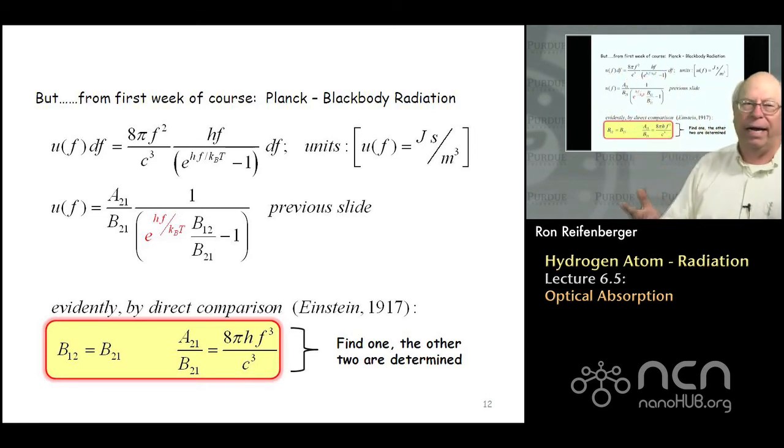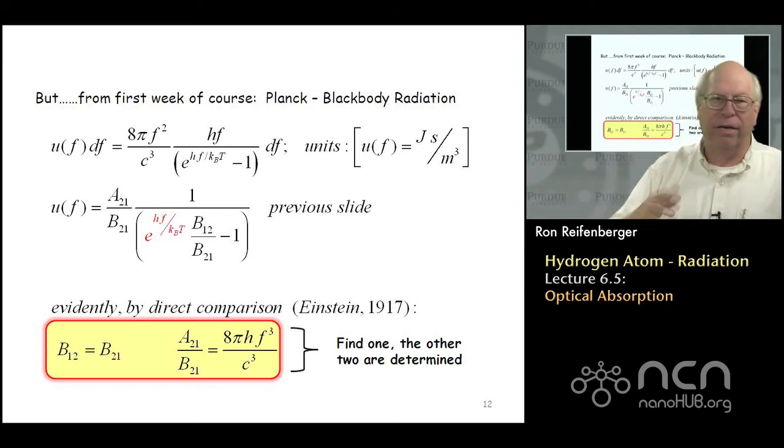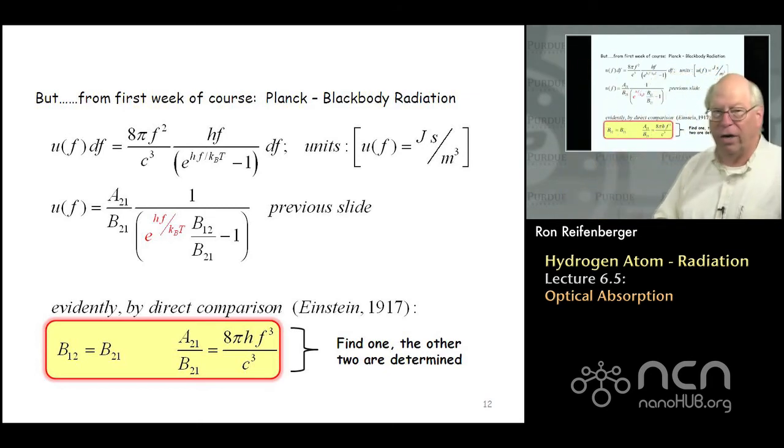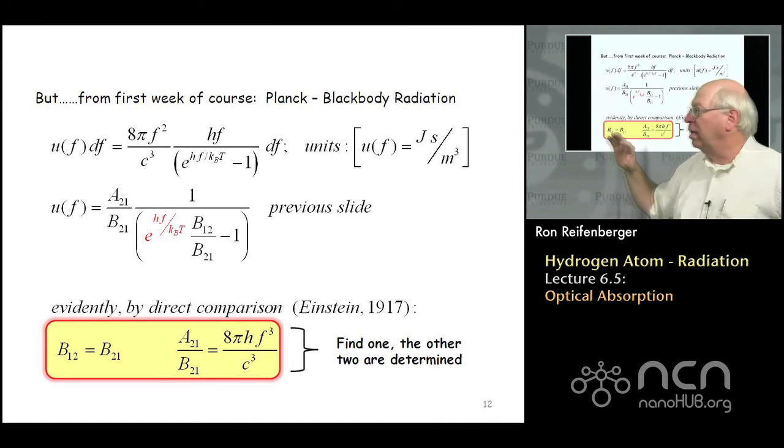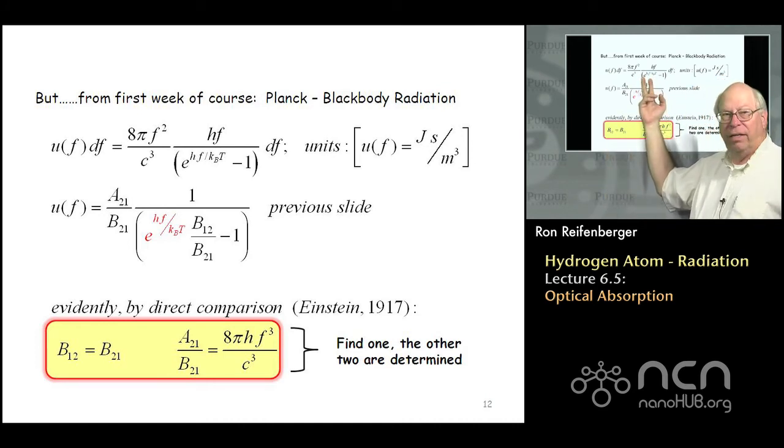And you say, well, where did that complicated equation come from? And Planck had some argument that is best left in history, right? But experimentally, this formula matched the experimental data very well. So this is the correct answer.